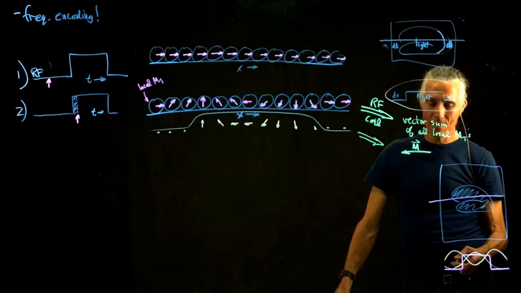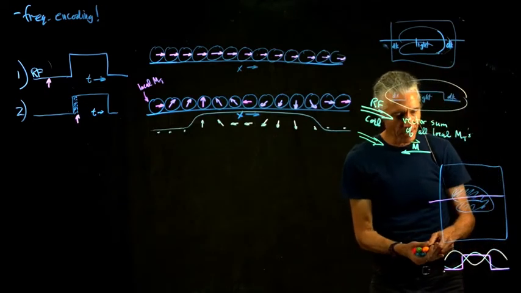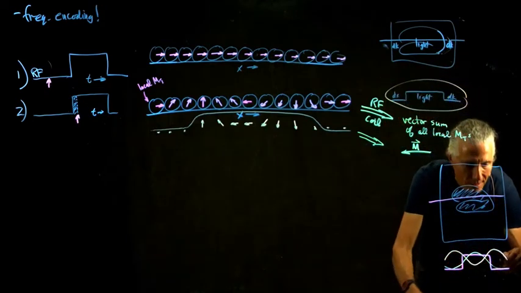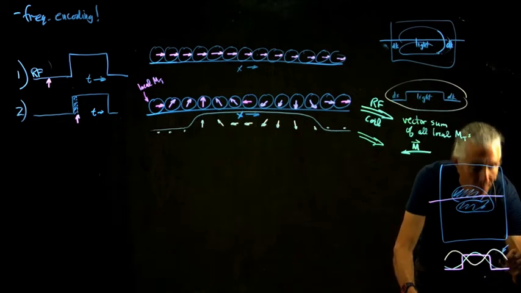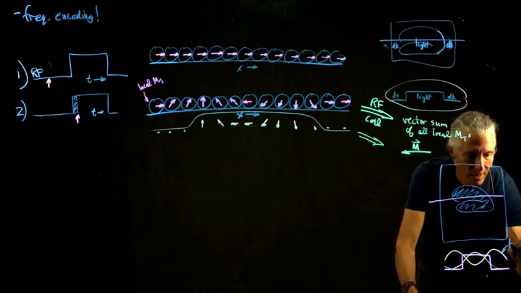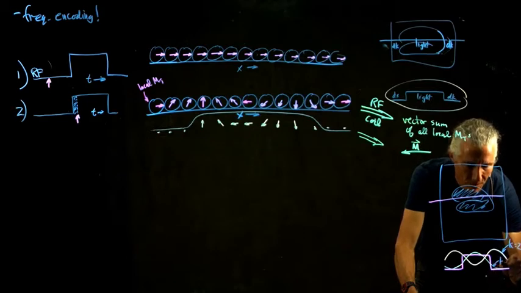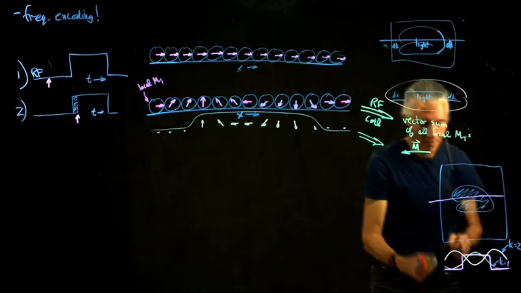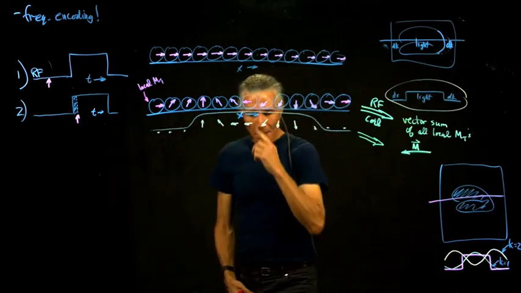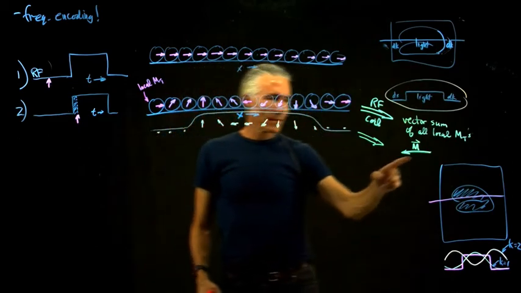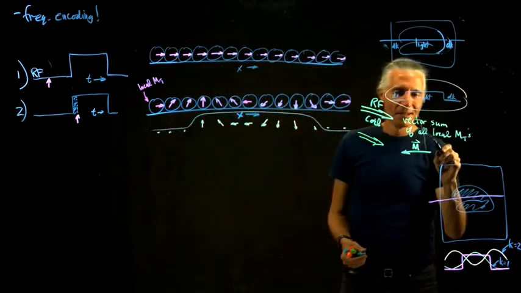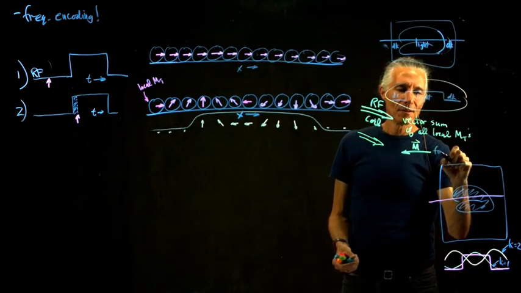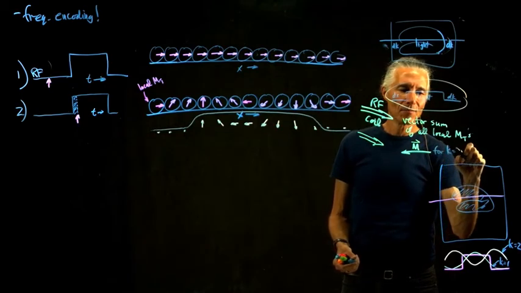It looks more like 1 cycle than it looks like 2. So this guy is K equals 2. This guy is spatial frequency equals 1. So the biggest one is, this is M for K equals 1.